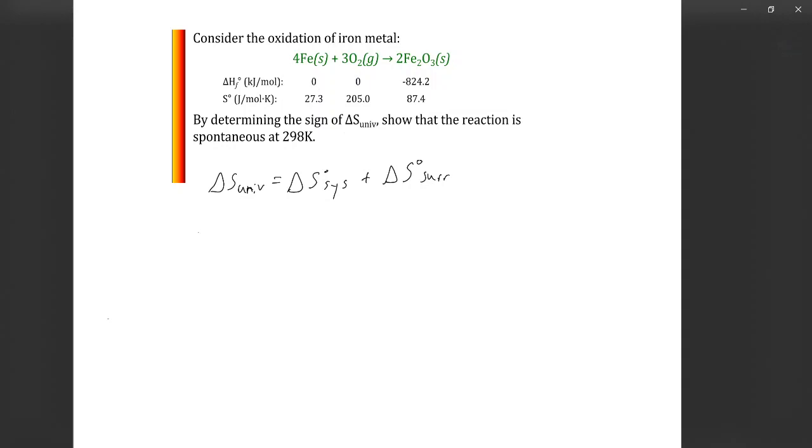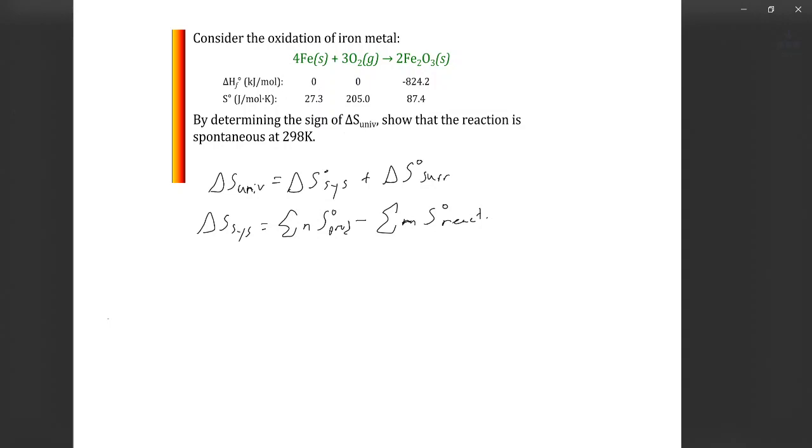We first have to calculate delta S of the system, which is equal to the total entropy of the products minus the total entropy of the reactants.